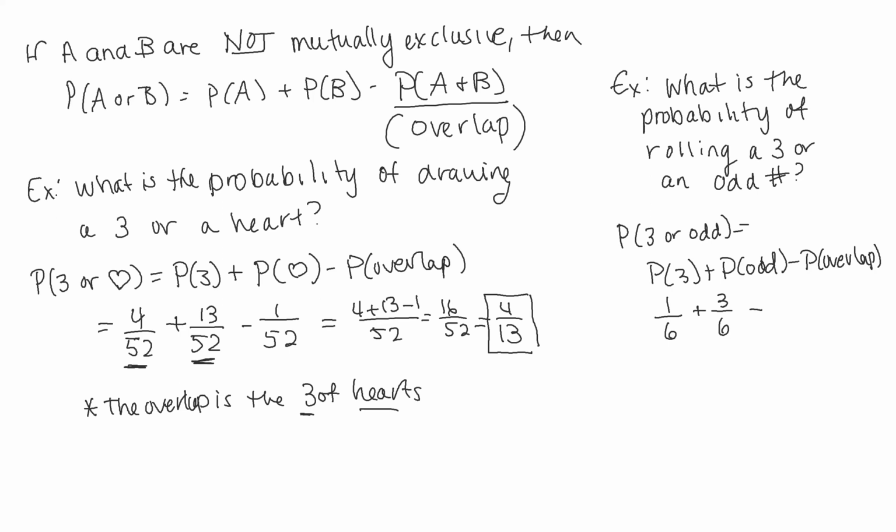So we have to subtract the overlap. So in this particular case, we simplify, we get 3 out of 6 or 1/2. So the probability of rolling a 3 or an odd number on a fair six-sided die is going to be 1/2.